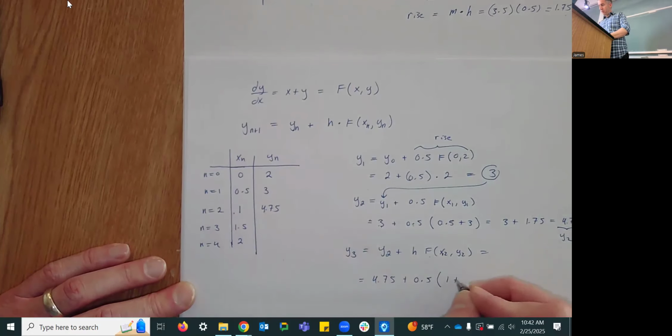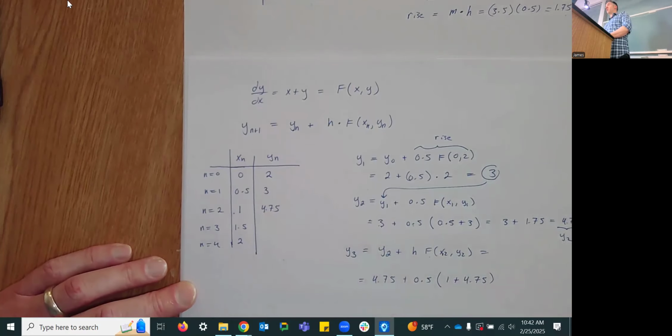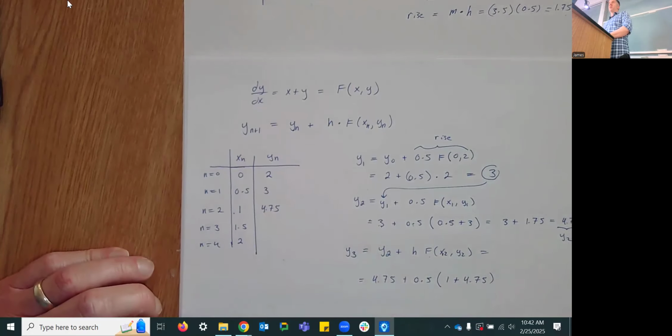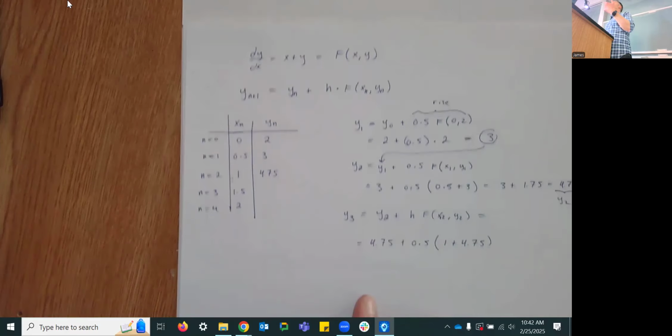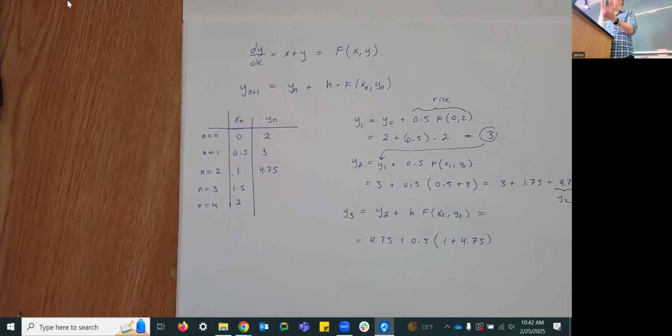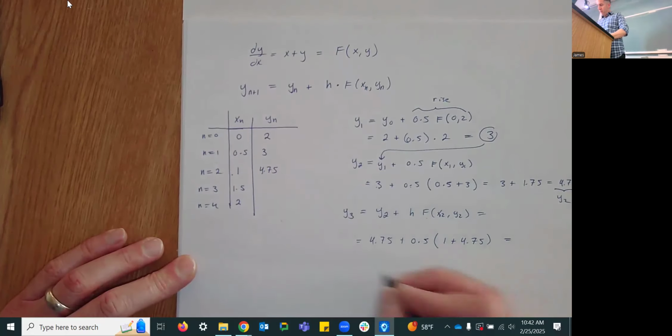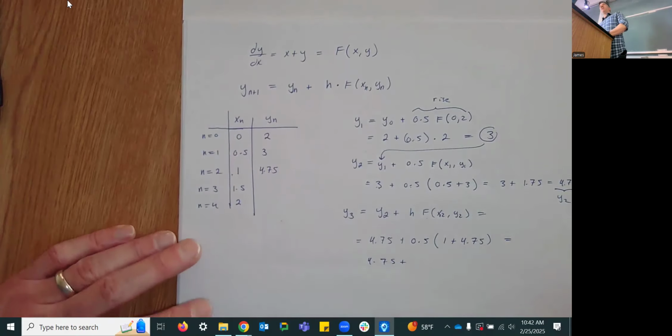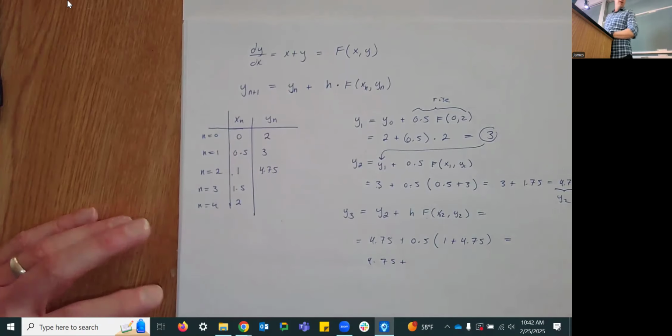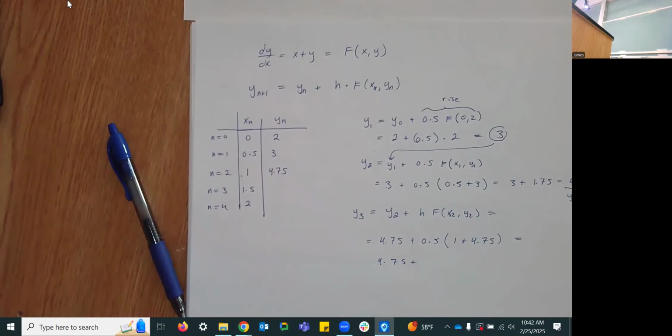So 1 plus 4.75. The numbers start getting a little bit gnarly when you do this enough steps. Unless someone's really thought out the problem very meticulously, the numbers are always going to get a little bit dicey. So here we're going to get, let's see, 4.75 plus half of 5.75 is 7.625. That's when you should use a calculator.